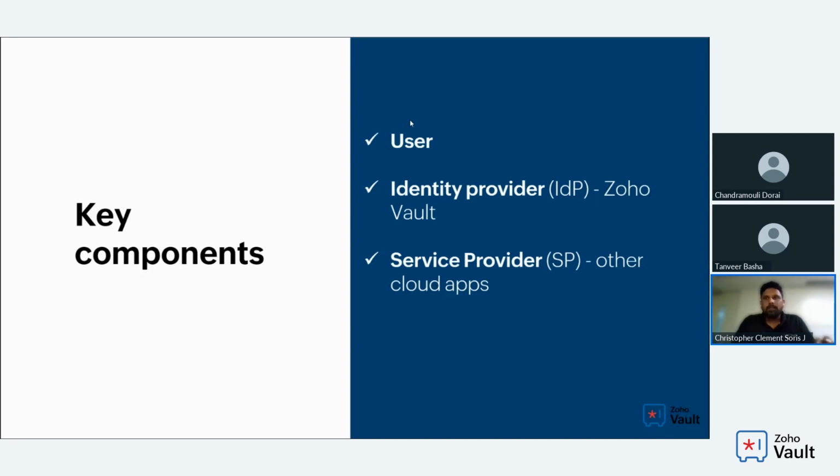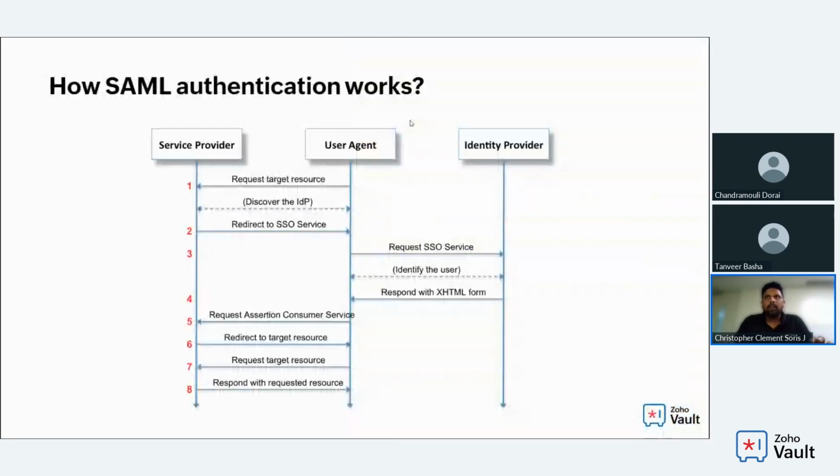Now let's see how these three components work together in a SAML single sign-on flow. To start with, as an end user, you will be accessing the enterprise application, for example through a browser. The request to access the enterprise application goes to the service provider.